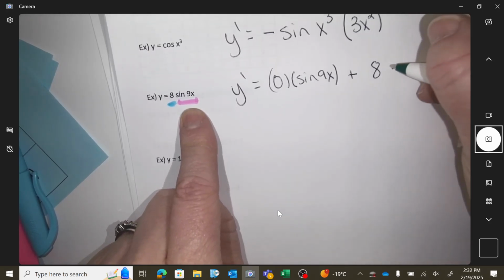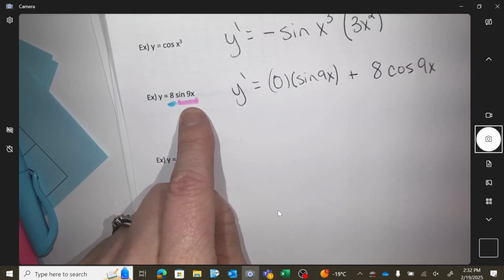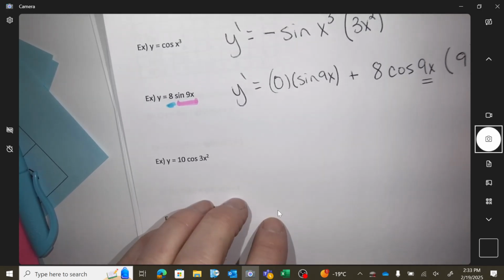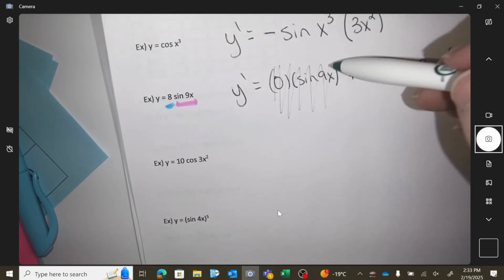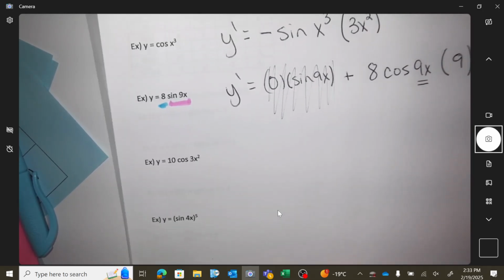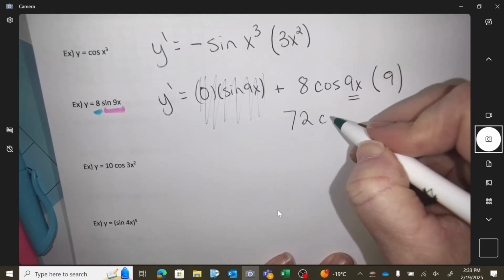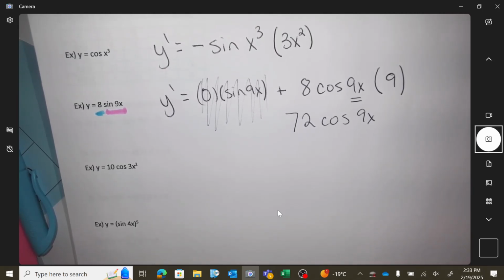So I'm going to go cos 9x. Then I have to attach the derivative of that family, which is, what's the derivative of just the 9x portion? 9. Okay, so this is going to not exist. And can I simplify this to be 72 at least? I know I normally don't say to simplify, but that's a pretty simple simplifying.